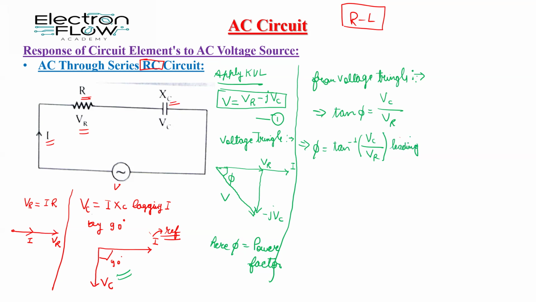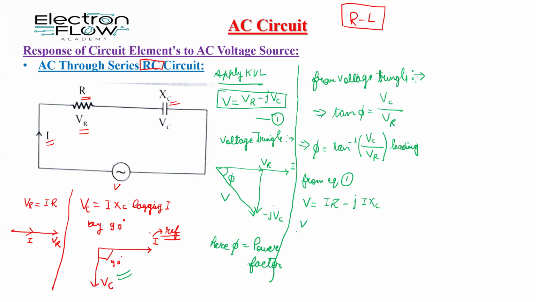From equation 1, we can write that voltage is equal to IR, which is the value of VR, minus j times I XC.